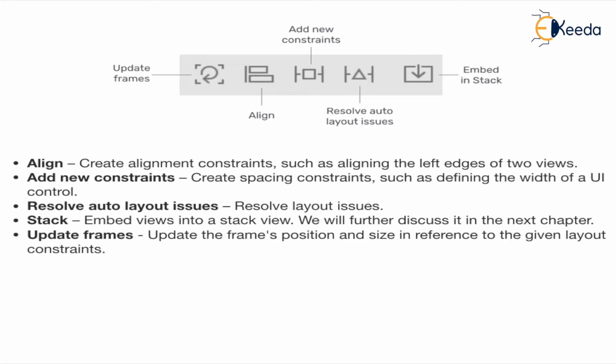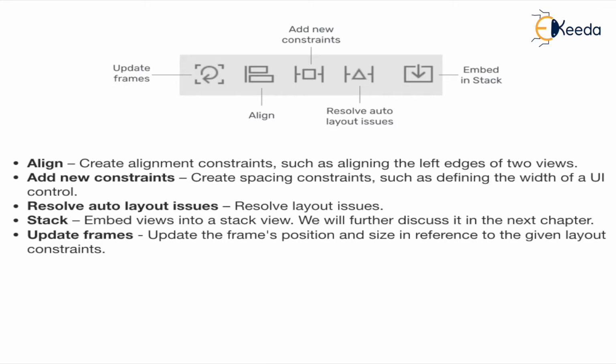Then add new constraint. This option is very important for adding a new constraint in your application. It creates space constraints, such as defining the width of a UI control. Constraints are based on four different base margins.